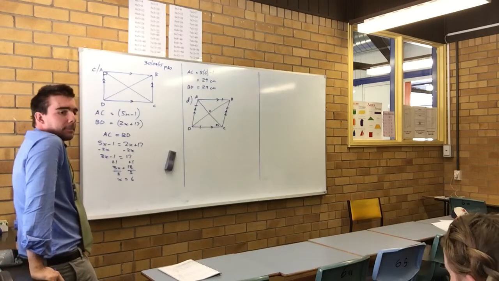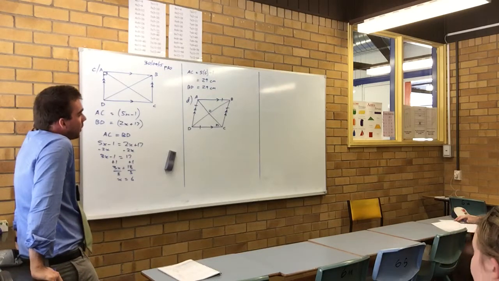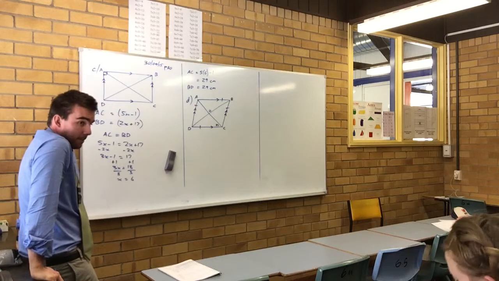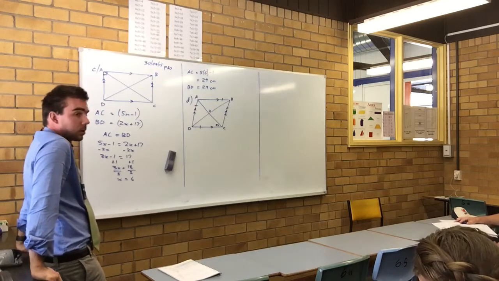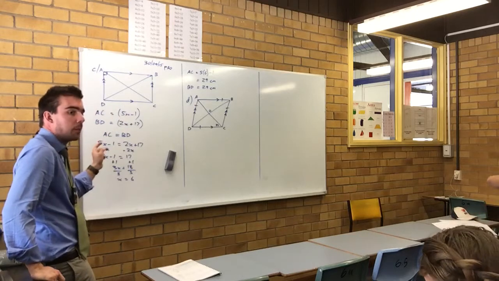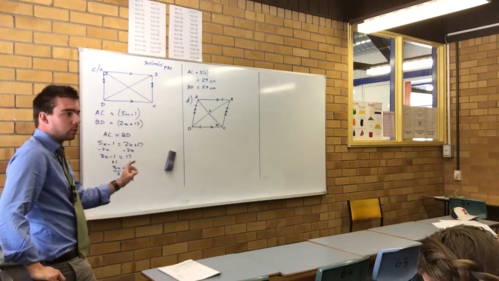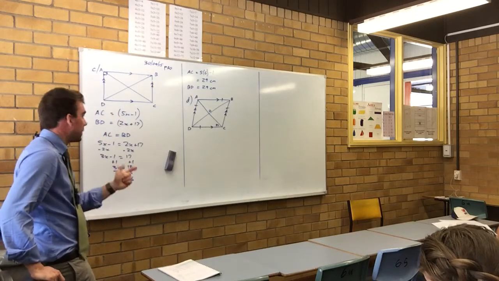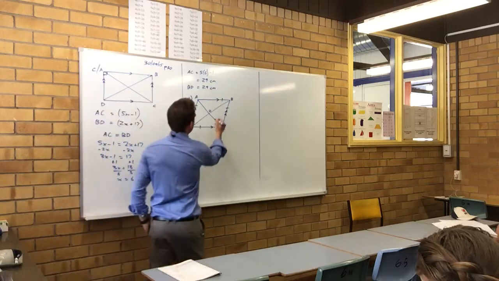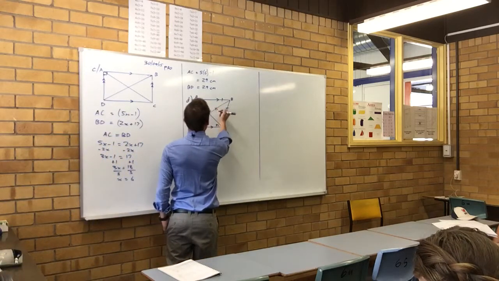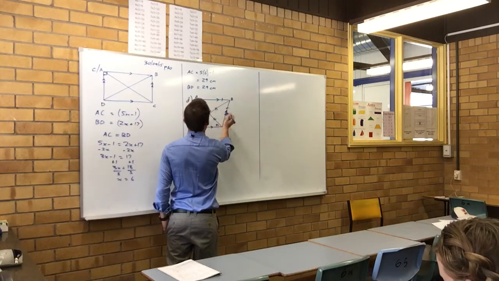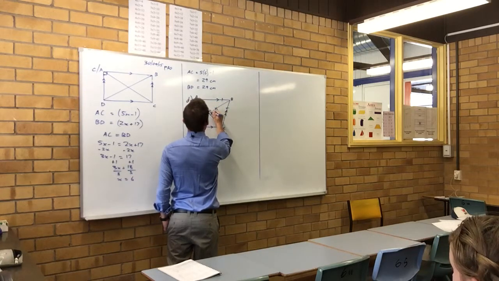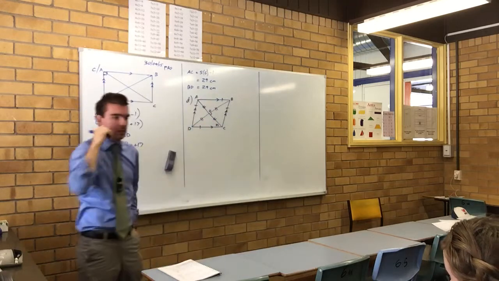Now, the other property with the rhombus and a square. Unlike a rectangle, where the adjacent sides are not equal, when you have adjacent sides equal, so a square or a rhombus, the diagonals bisect each other, so that will equal that, that will equal that, but they will bisect each other at 90 degrees.